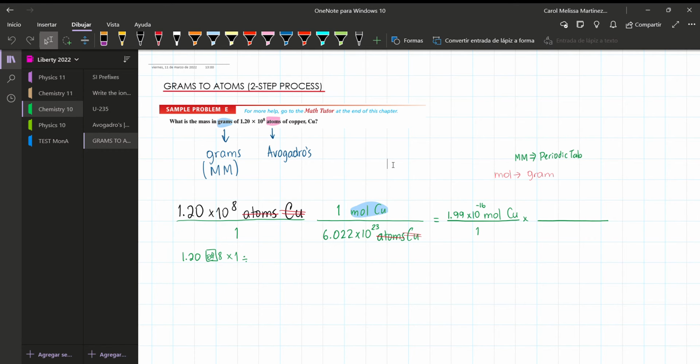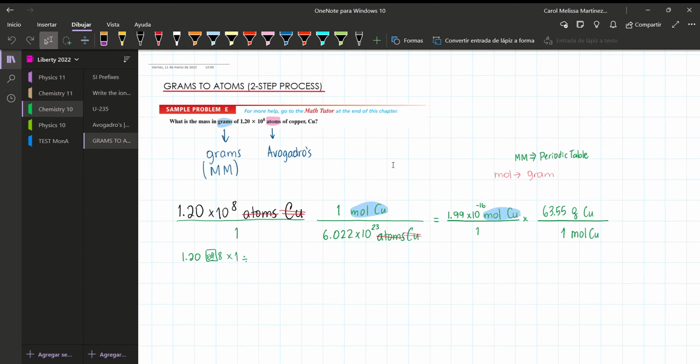Okay, so because I have moles in the top, I need to write my moles of Cu in the bottom. What number goes next to mole? 1, always 1. Remember this. Next to the moles, you're always going to write the number 1. And above, you're going to write the atomic mass, grams of copper.